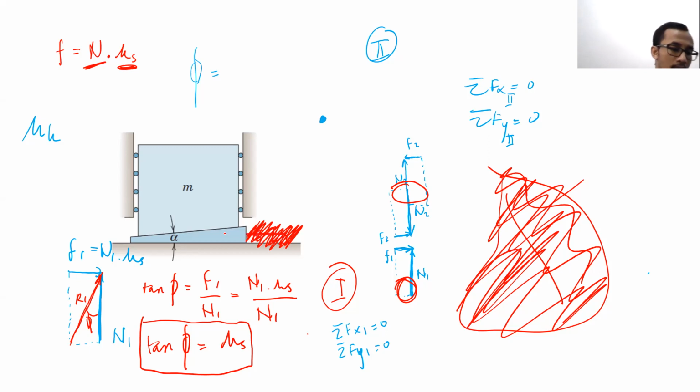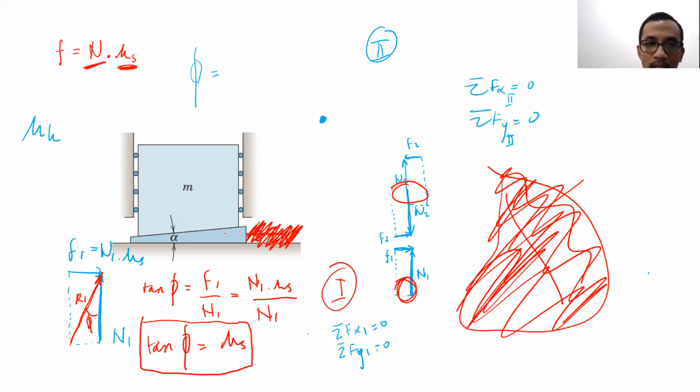But sometimes there is one condition where the wedge will not be self-locked.